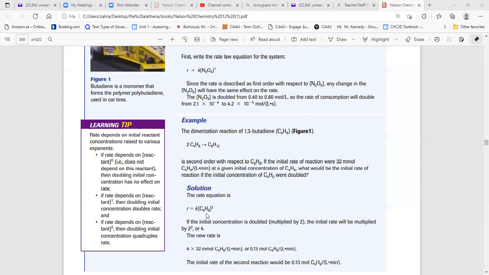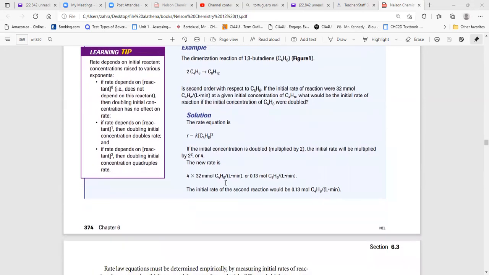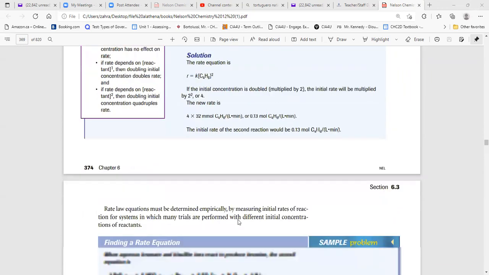If this is doubled, of course, 2 to the power of 2 will give you 4 times bigger, right? If this becomes 4 times bigger, you simply multiply this one by 4 to get the rate of the reaction.